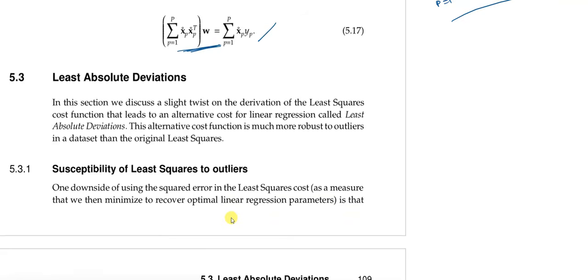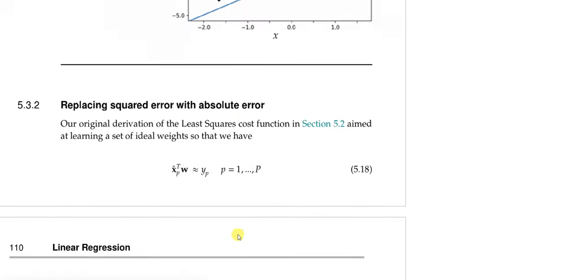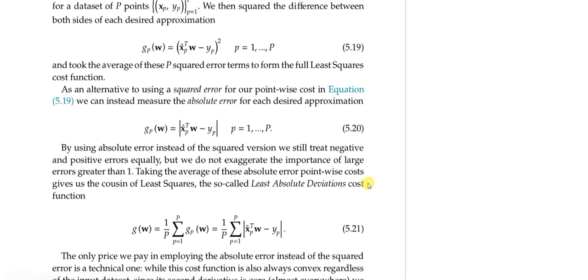Similarly, least absolute deviations means we are having only absolute values instead of this. See the difference here. In g of w earlier we wrote a sum of squares. Now we are taking the absolute value of this. That's the only difference; the rest of the things are as it is.